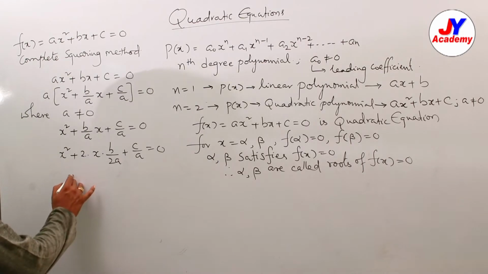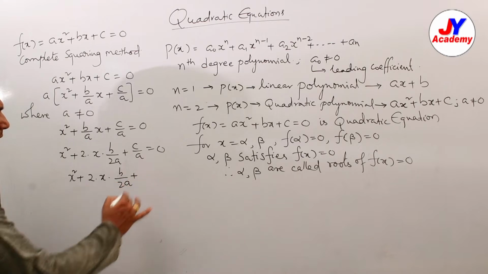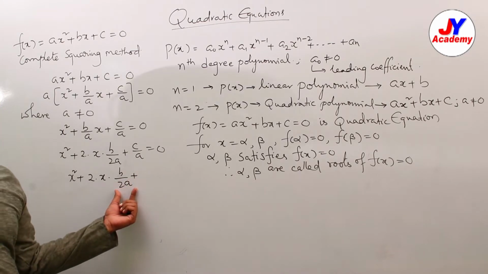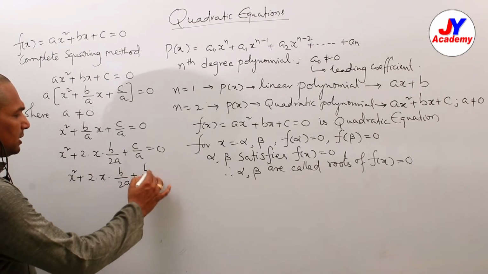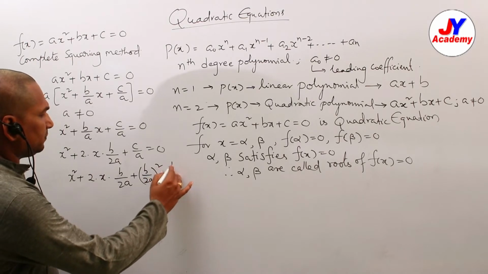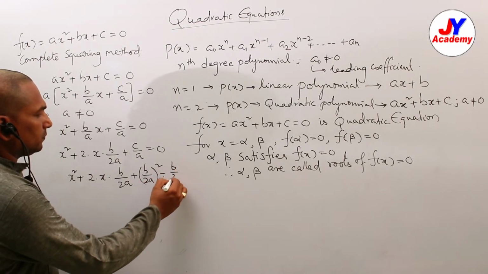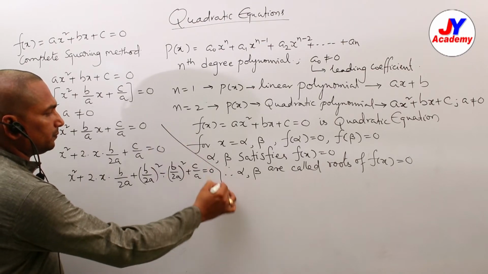So for that, x square plus 2 into x into b by 2a plus what is the value of b? Yes, that is going to be b by 2a whole square, add and subtract, plus c by a is there already.